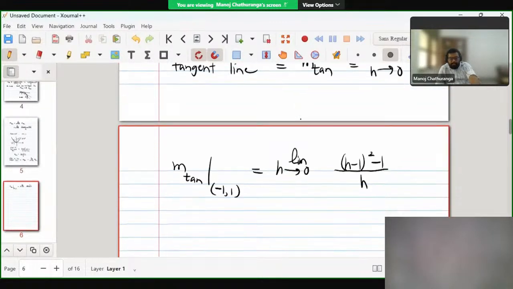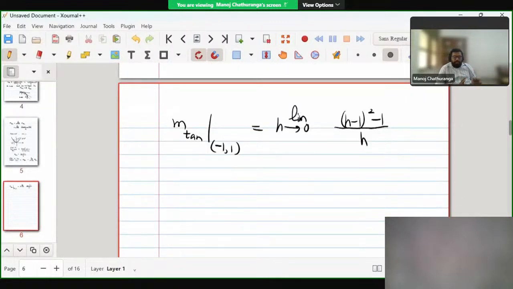Now this is a limit problem. Nothing complicated happens here, just a limit problem. So you want to evaluate the value of this expression as h goes to 0.